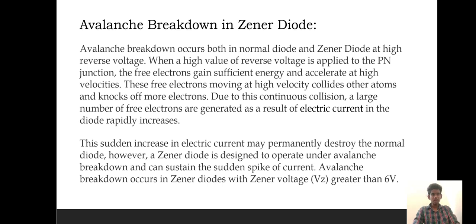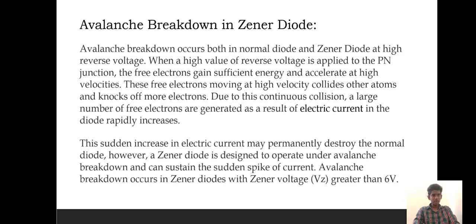Avalanche breakdown in Zener diode. Avalanche breakdown occurs both in normal diode and Zener diode at high reverse voltage. When a high value of reverse voltage is applied to the PN junction, the free electrons gain sufficient energy and accelerate at high velocities. These free electrons moving at high velocity collide with other atoms and knock off more electrons.